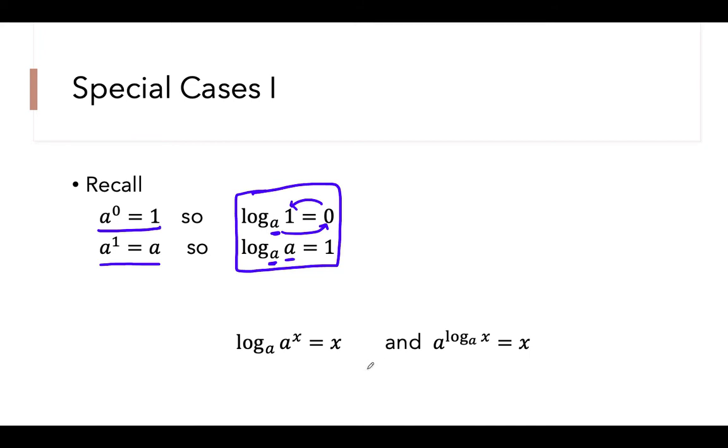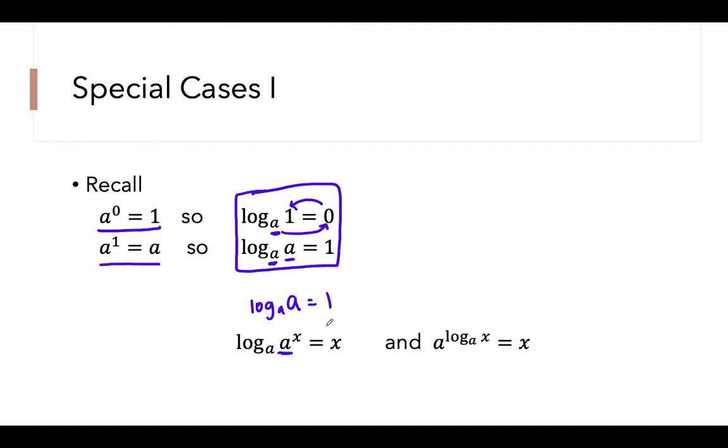Another rule is we know that exponent and log are inverses. So therefore, if we were to have logarithm base a of a to the exponent x, with the same base, it is equal to x. Keep in mind, we just said the logarithm base a of a is equal to 1.